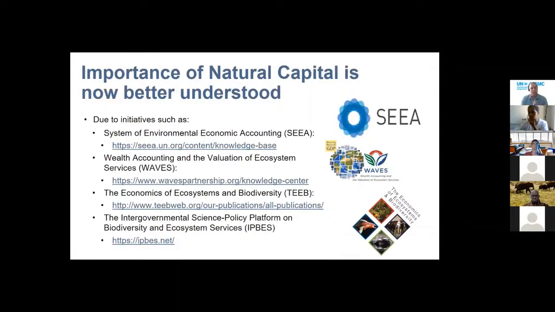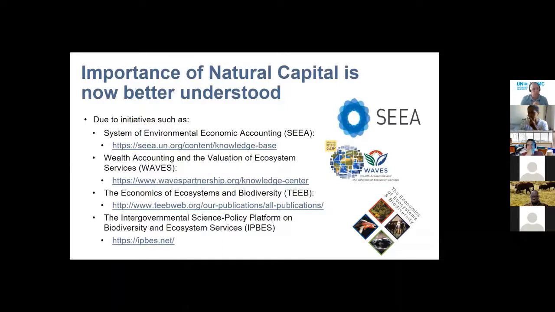And just reflecting on progress in this area, the importance of natural capital is now becoming better understood through various initiatives. The System of Environmental Economic Accounting, for instance, is the national natural capital accounting framework.